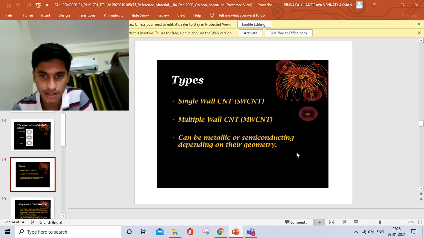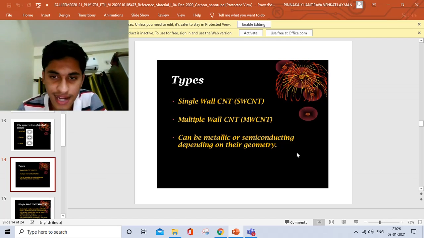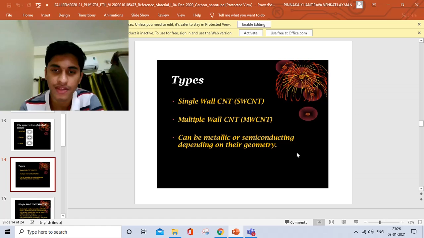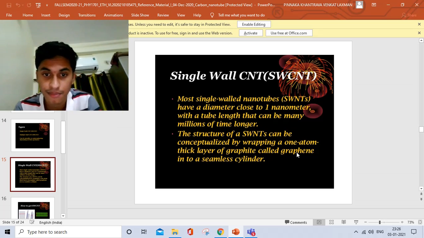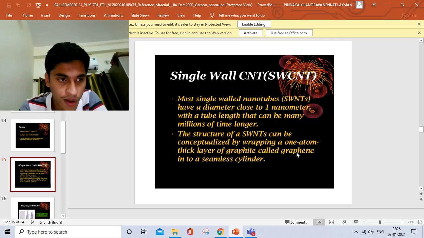As I specifically mentioned at the start, the types are broadly divided into two, single walled and multiple walled. They can be metallic depending upon the geometry. Coming to single wall, most single wall nanotubes have a diameter close to 1 nanometer with a tube length that can be many millions of times longer.